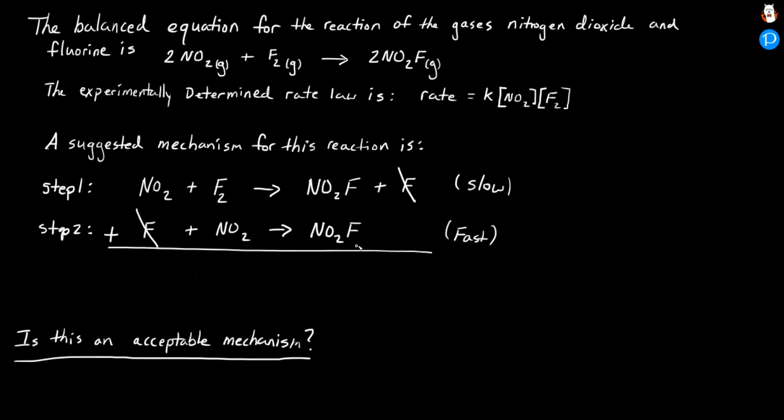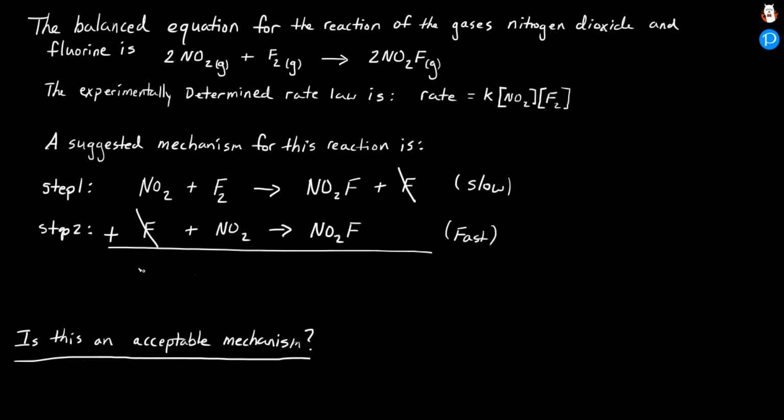And that is actually the only thing that I see. Now notice I do have NO2F here and I have NO2F here, but those are both on the right-hand side. So they would need to be on opposite sides to be canceled out. Same thing with this NO2. They are both on the left-hand side of each reaction, and so I would not cancel them out. It would only be if one of these was on the right-hand side.